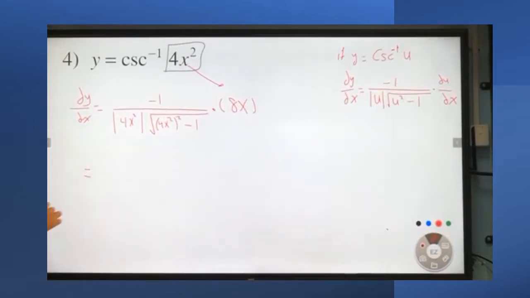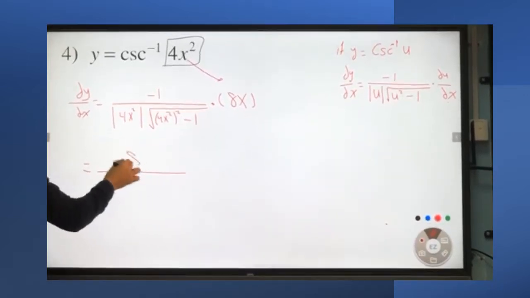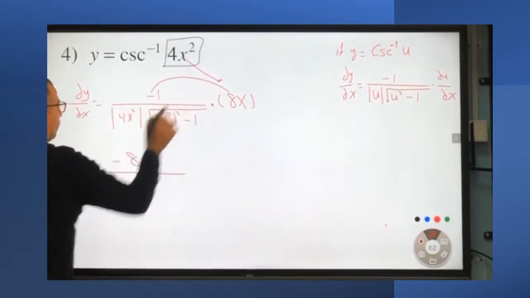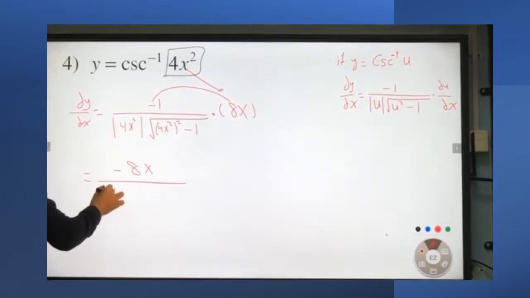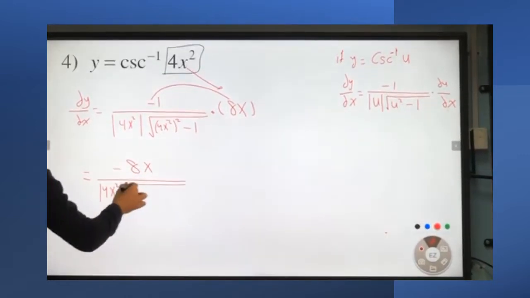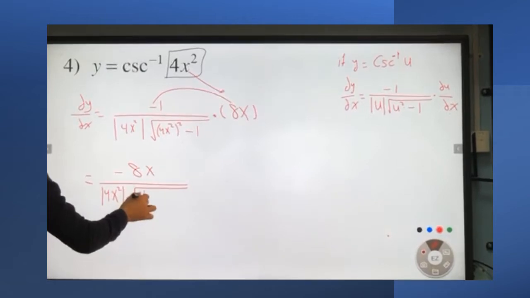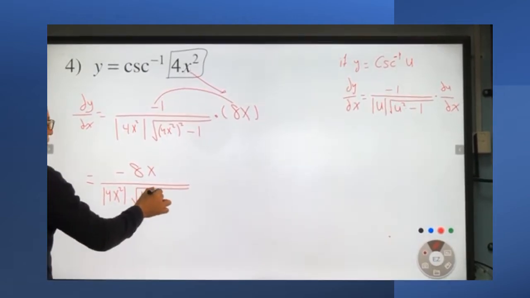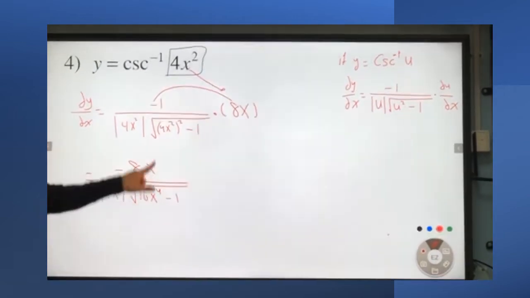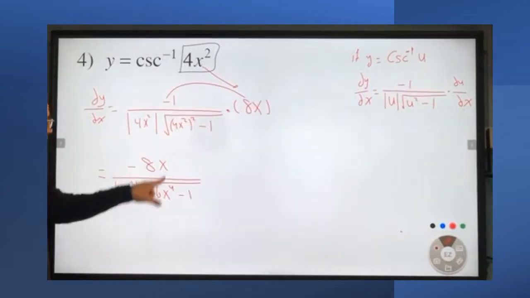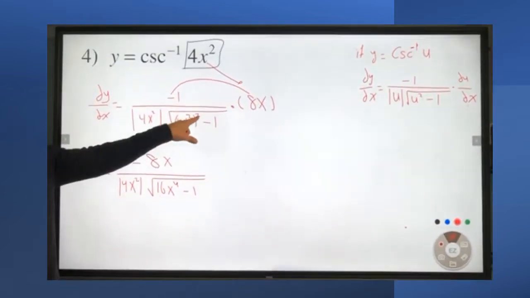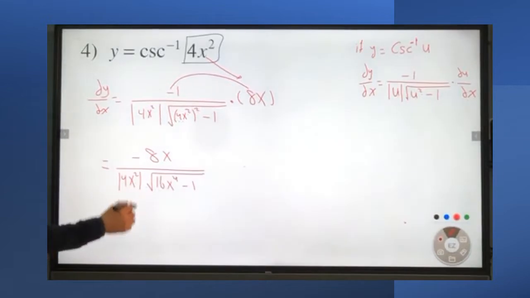Let's simplify it. So it's negative 8x after multiplying negative 1 by 8x, divided by 4x squared and the root of 16x to the power 4 minus 1. 4 to the power of 2 is 16, and power to the power we multiply that.